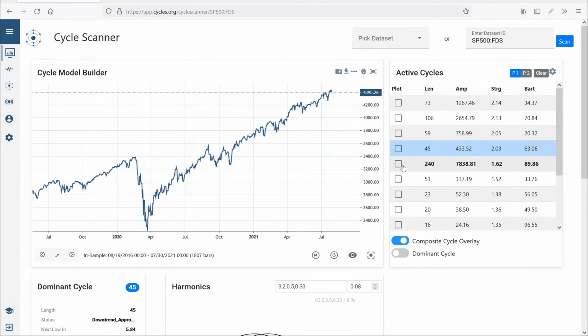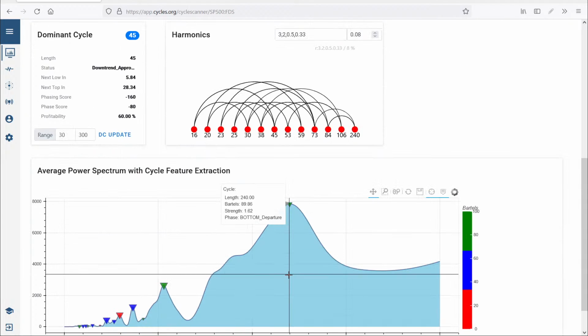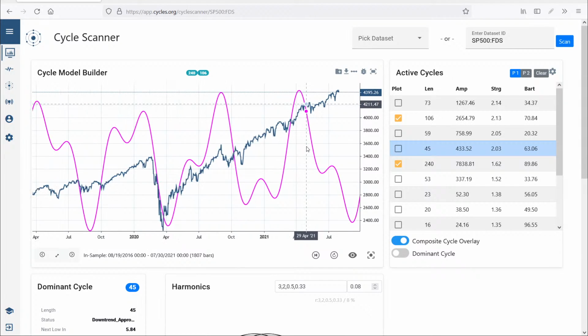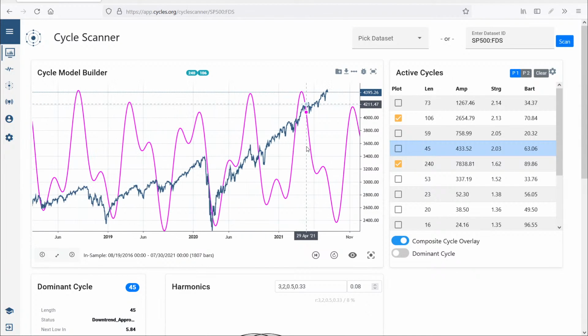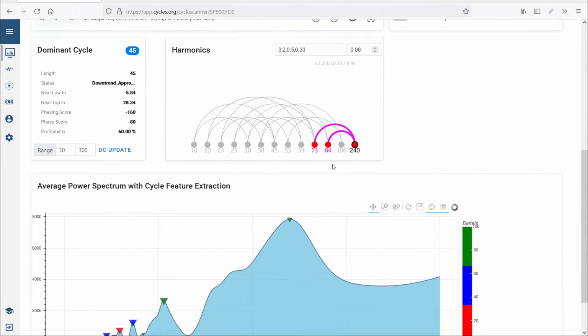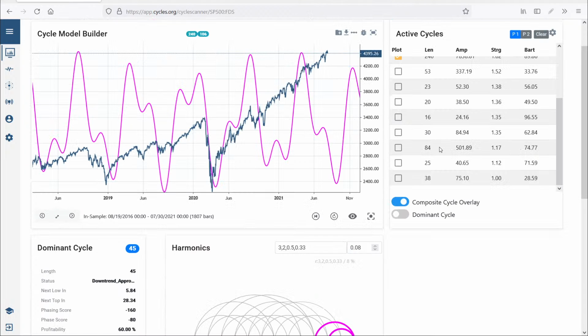The cycle with a length of 240 and the one with 106. I will now do the same procedure with the harmonics. So the 240: there we see the harmonic relation to 84 and 73.